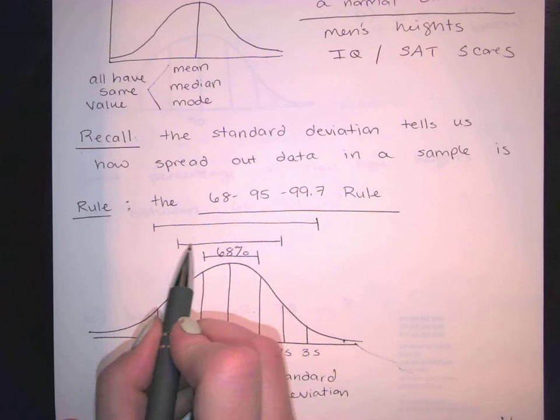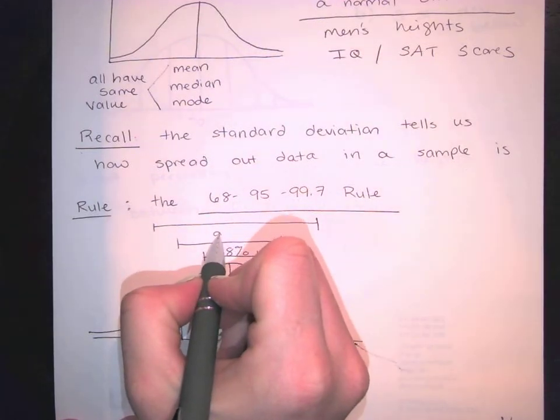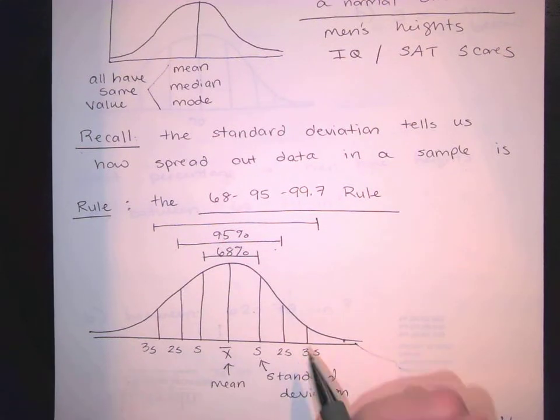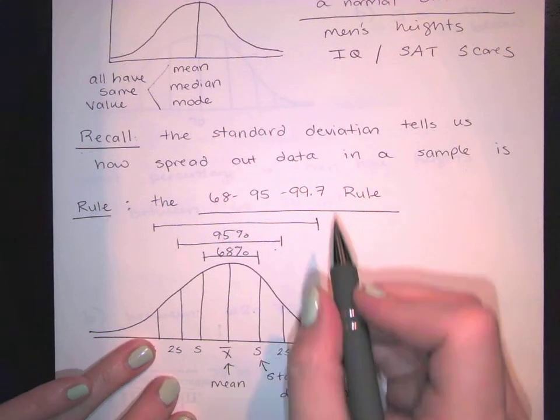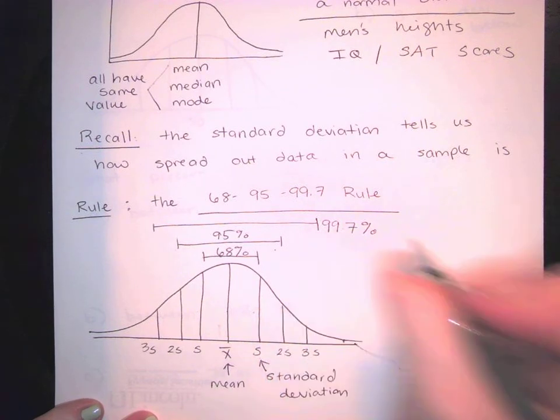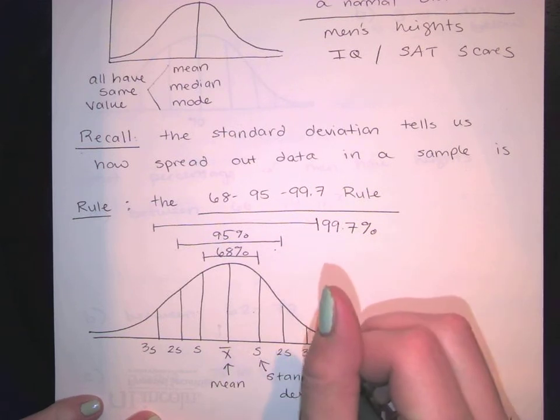Then if we go out to 2 standard deviations, 95% of the data will be captured. And if we go out to 3 standard deviations, 99.7% of the data will be captured. So there's only 0.3% left over in these little tails here.